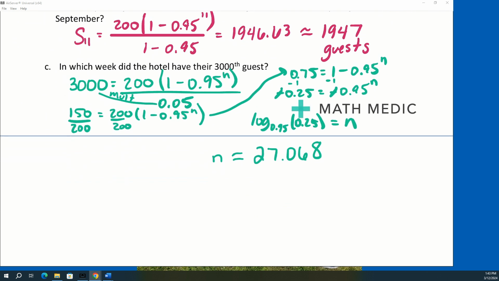So it's after the 27th week is when the 3,000th guest is going to arrive at the hotel. So it's the 28th week. It's a little bit tricky there at the end. All right. So what questions do you guys have?